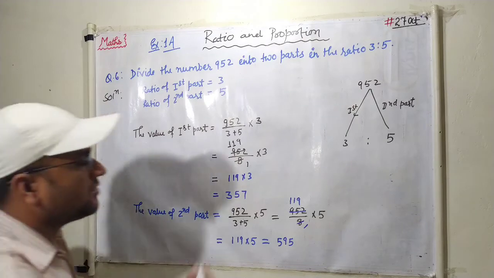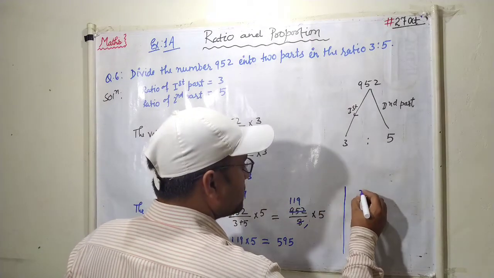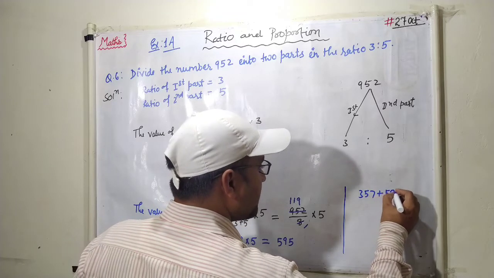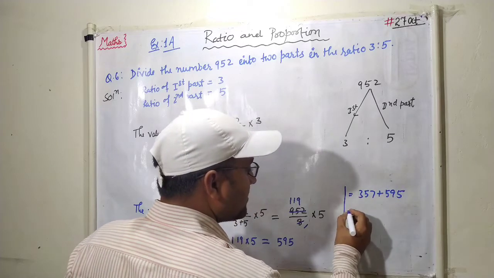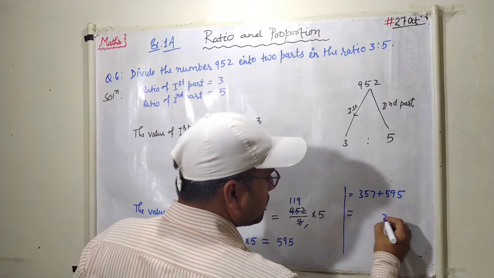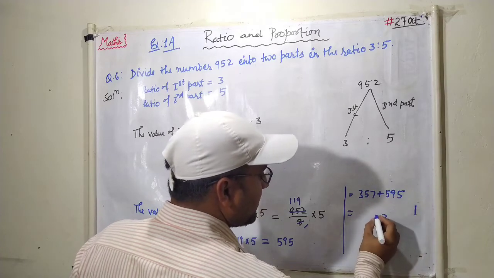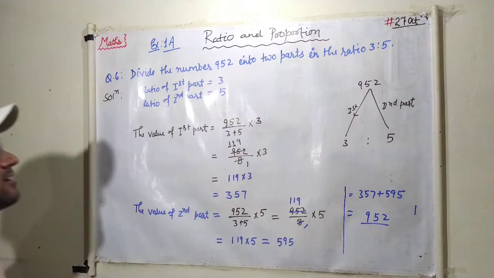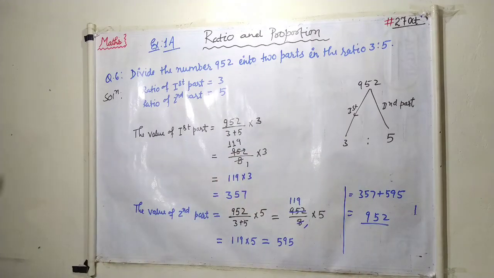And if you add these, you will get the total amount. If you want to check this, 357 plus 595. Adding, 7 and 5 is 12, 1 carry, 9 plus 1 is 10, 5 is 15, 1 carry, 5 and 3 is 8, 1 is 9, you will get 952. It means that your solution is correct.